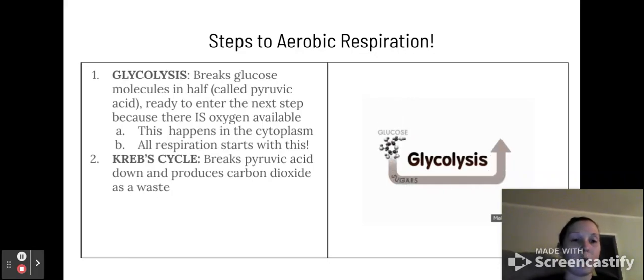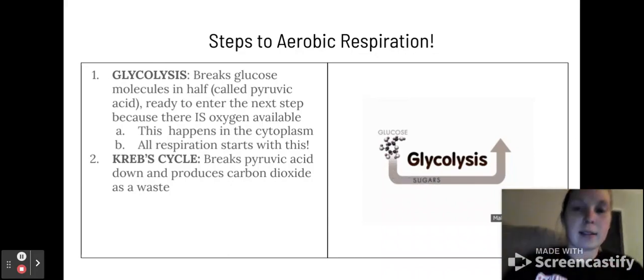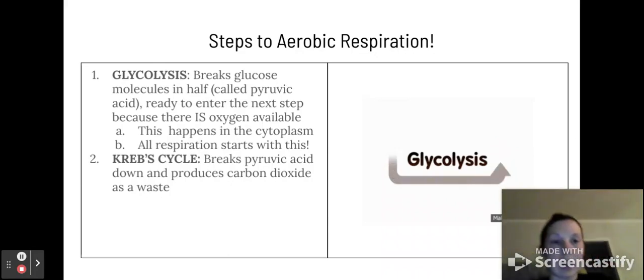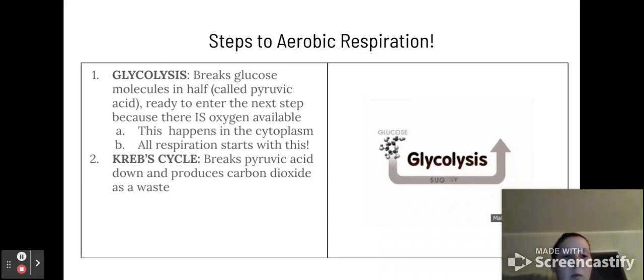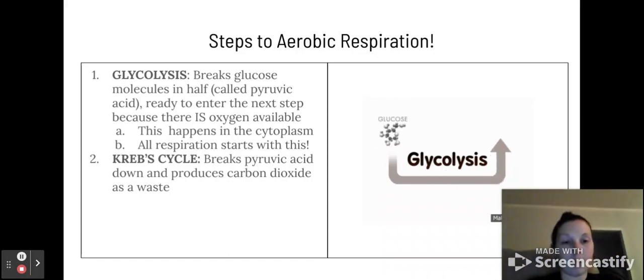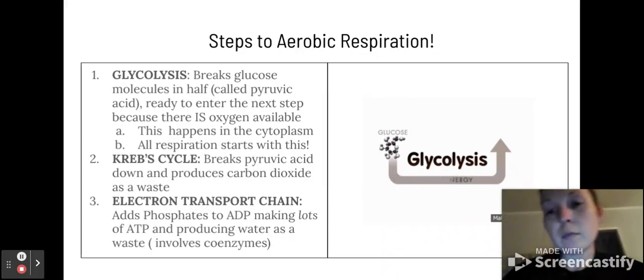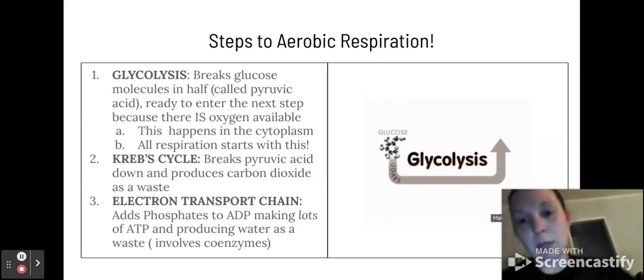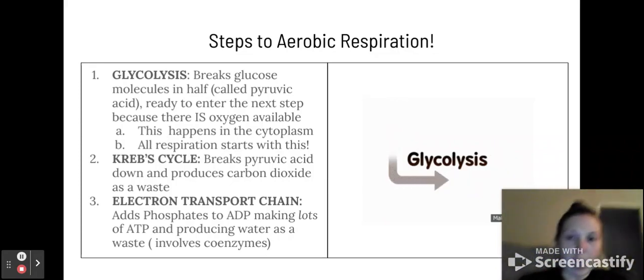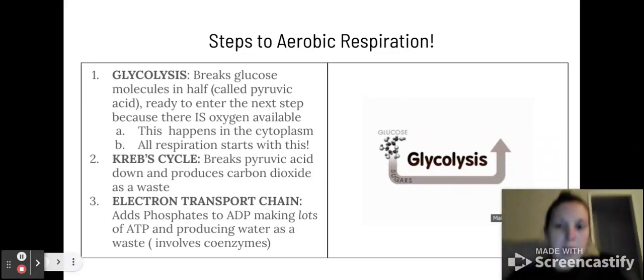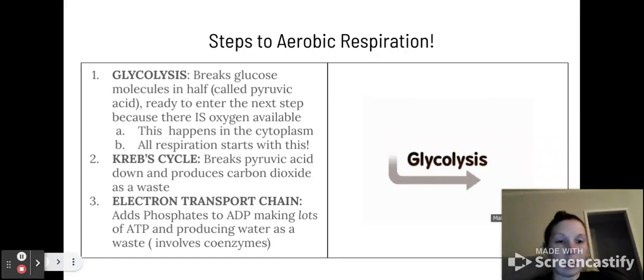So that pyruvic acid will then enter what's called the Krebs cycle. And this will break that acid down and produce the carbon dioxide and the waste that we don't obtain from the food or from respiration. And as that happens, we have the electron transport chain. If you see it, it looks like it's within the membrane.